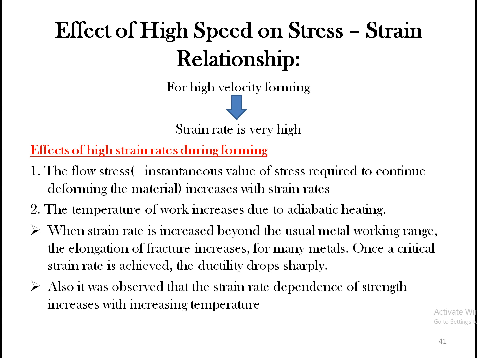At the same time, the temperature was also found to increase, and the strain rate dependence on strength increases. Also the strength of the material increases, and hence the finally formed material strength also increases. Fine, I hope you got the point, right?